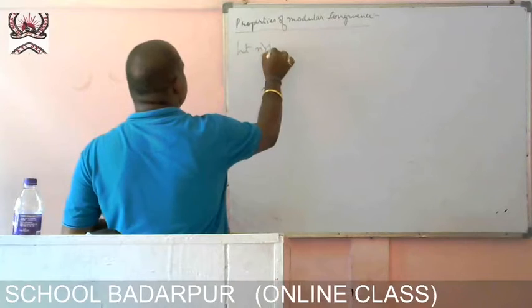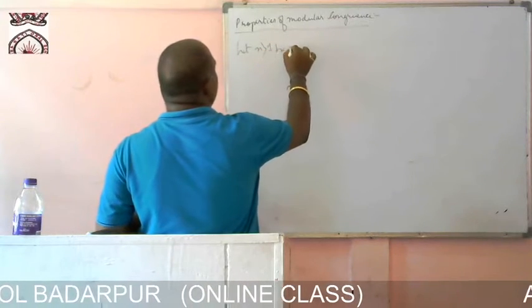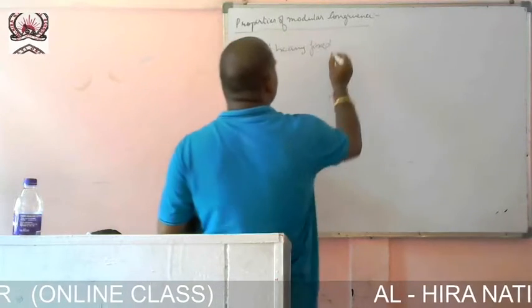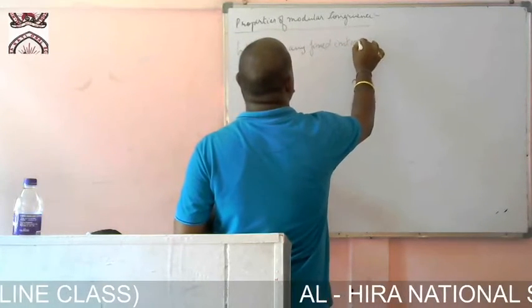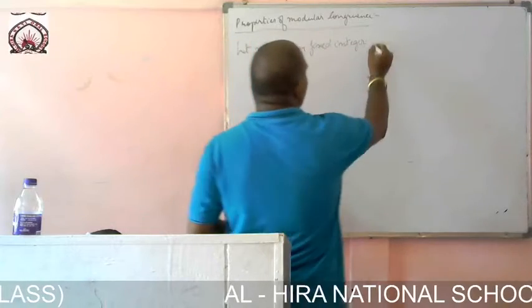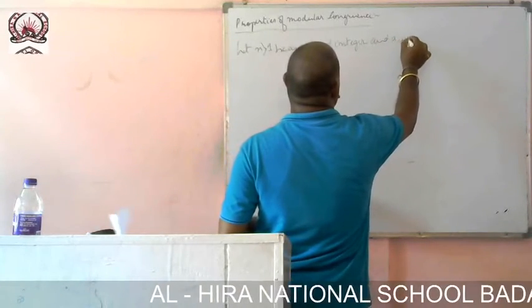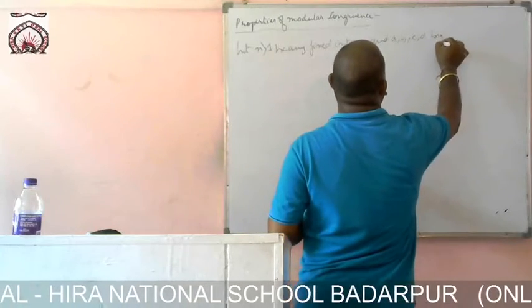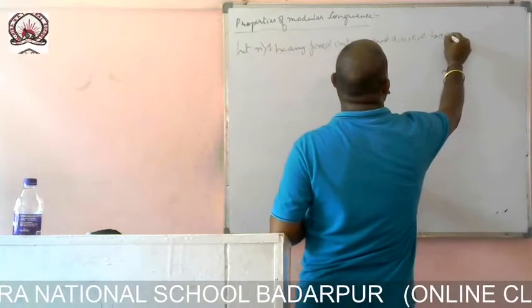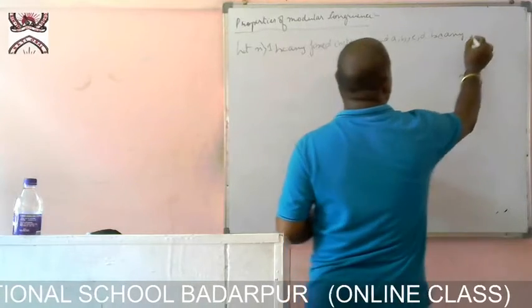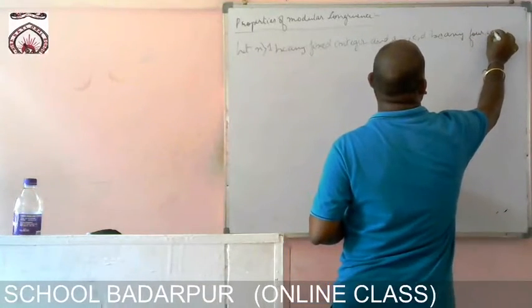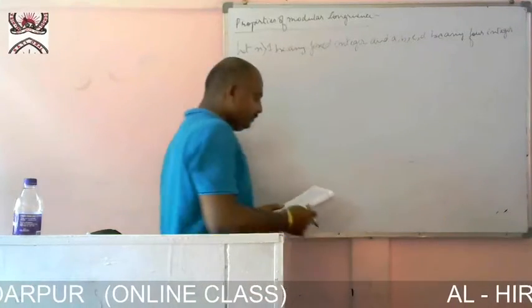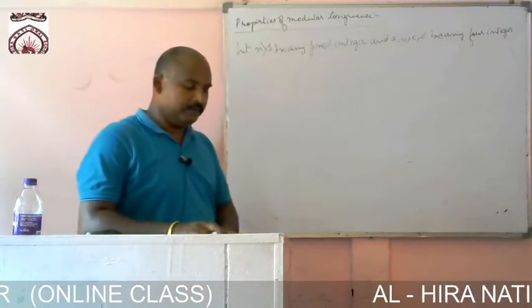Let n be greater than 1, any fixed integer, and a, b, c, d be any 4 integers. Then what you can write?